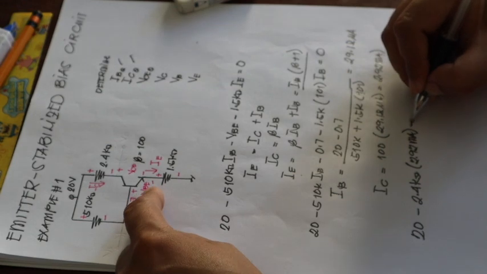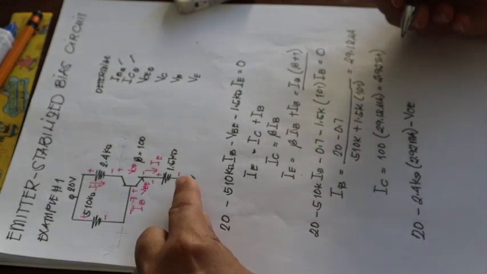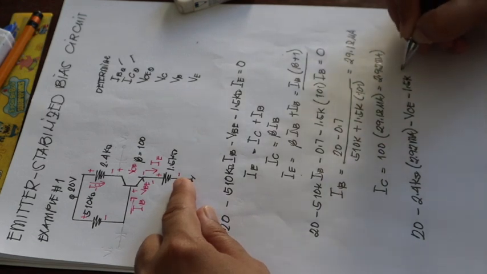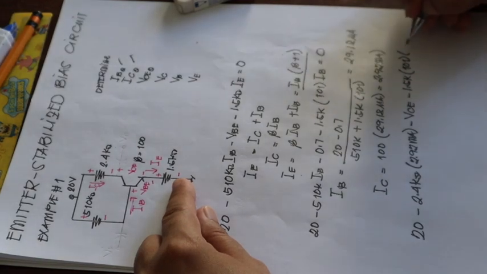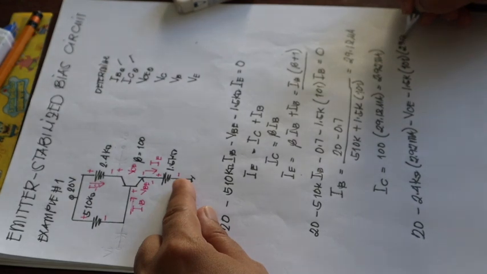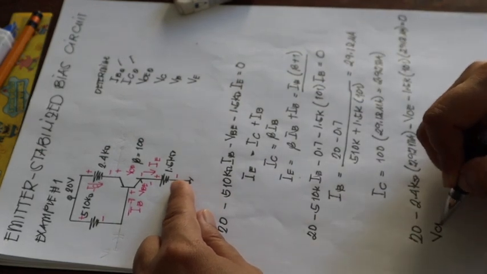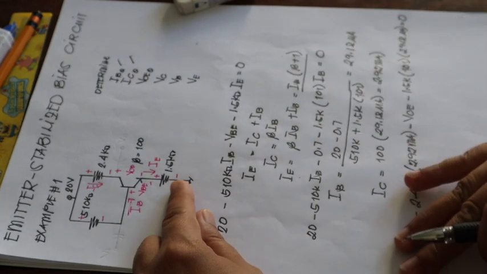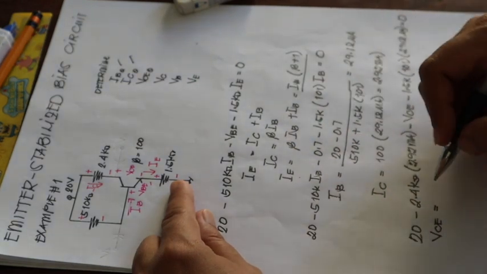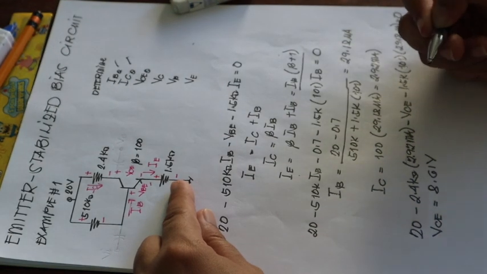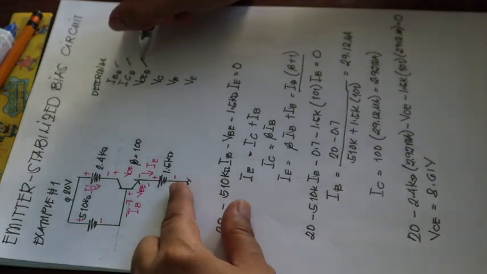Minus VCE, and then minus 1.5 kilo ohm multiplied by beta plus 1, so 101 multiplied by 29.18 microamp, and this is equal to 0. Kung titingnan natin, we only have one unknown, which is VCE. At kung isosolve natin tong equation na to, we will actually get an answer of 8.61 volts. Okay? So, we're done with this also.